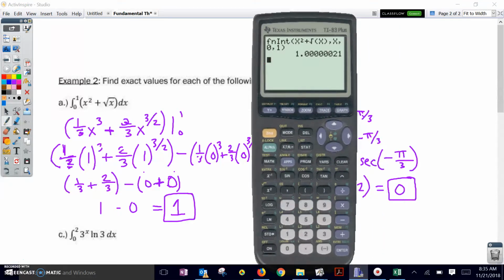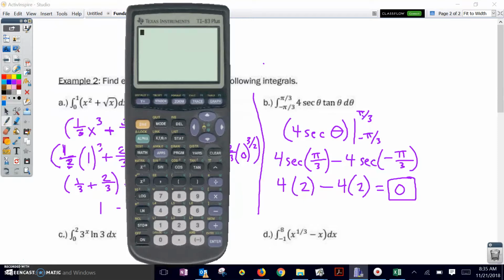Alright, go back, double check. We've got the integral of 4 secant times tangent with respect to x from negative pi over 3 to pi over 3, and we end up with 0.